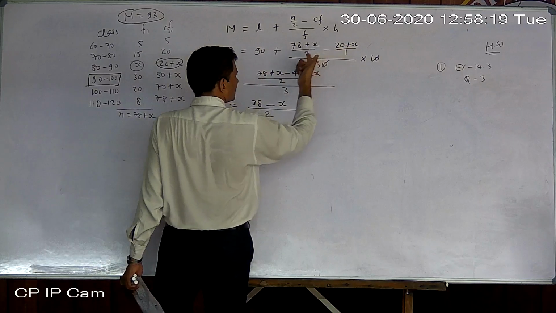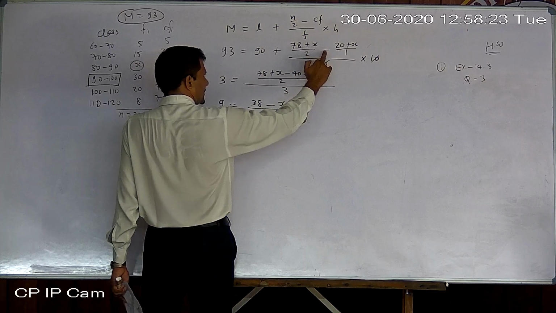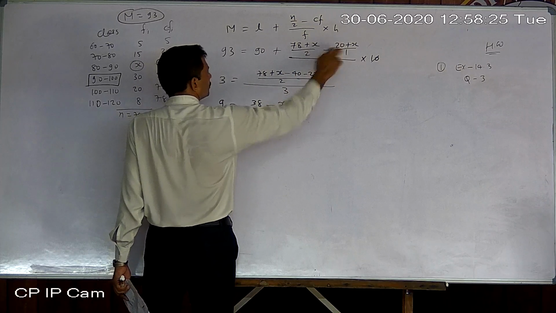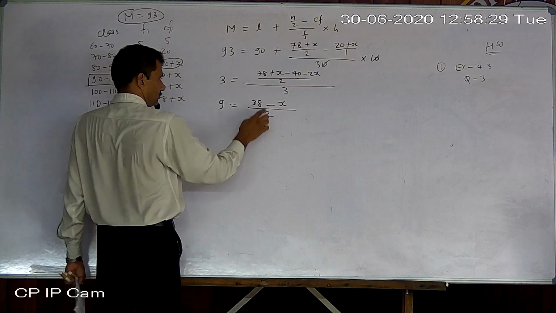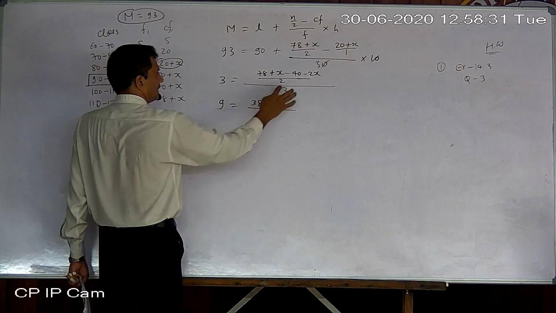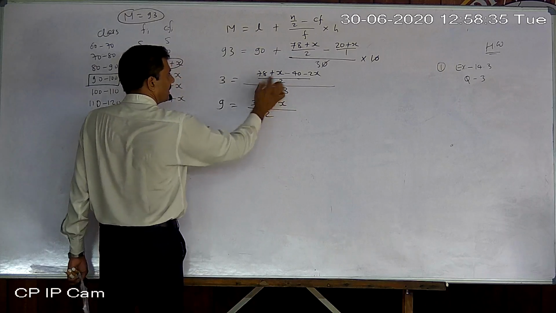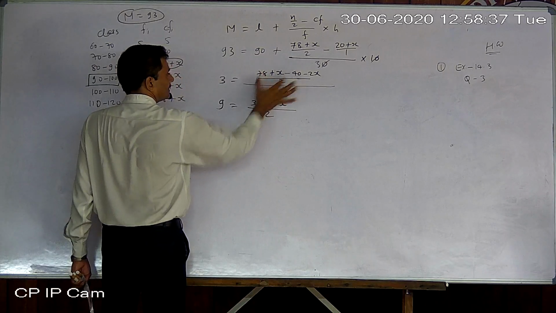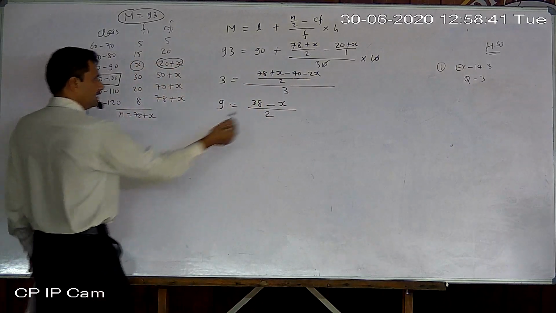Now 20 plus x times 2, so 40 plus 2x, but in between the minus sign is there, so both become minus. Now 3 is shifted here, so it is 3 threes are 9. Now the numerator comes here, so denominator 2 and 78, like terms combine, so 38 minus x. Now simplify it and find out x.